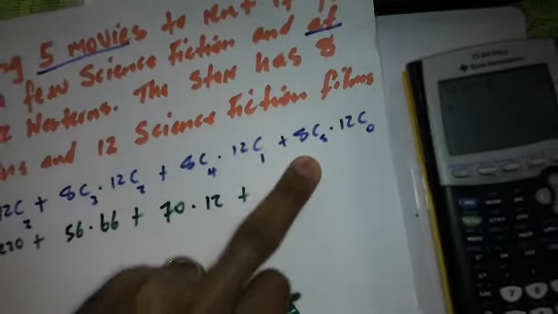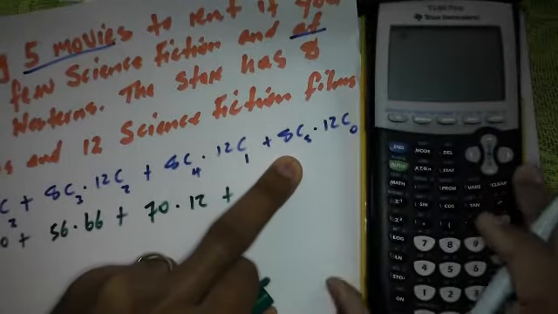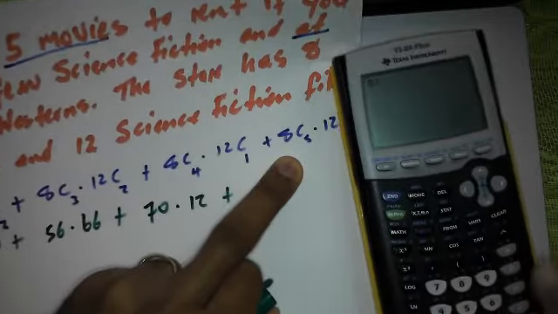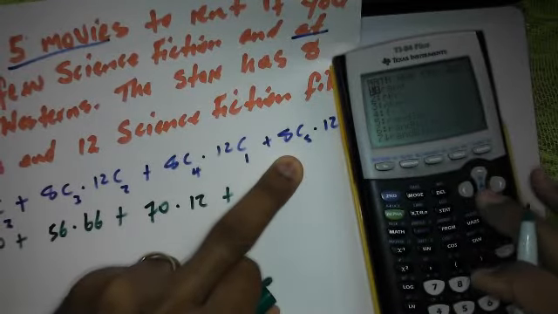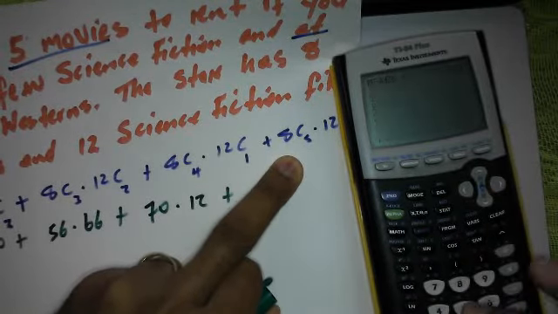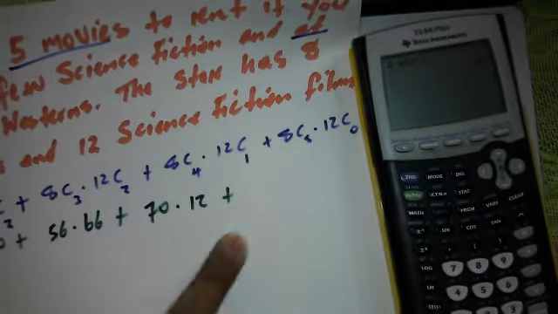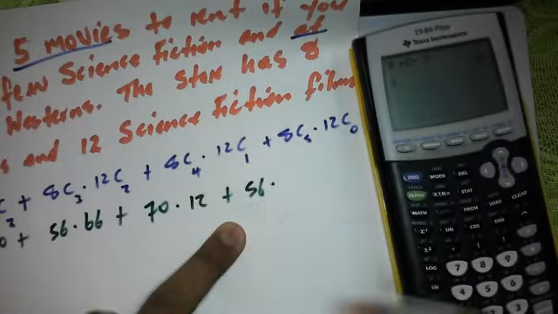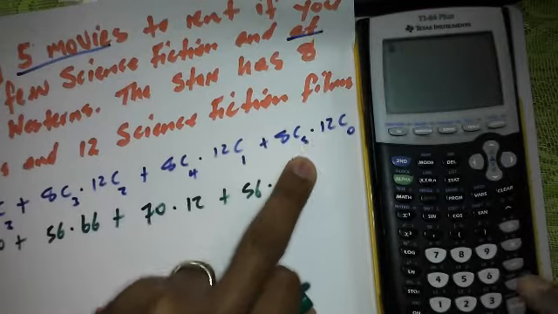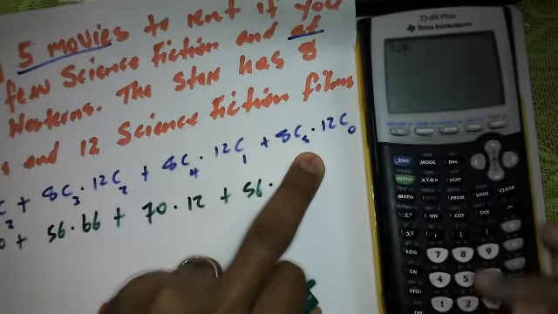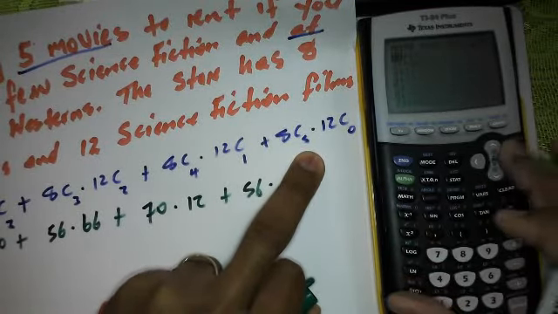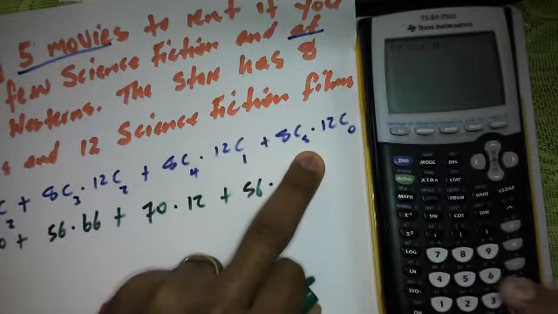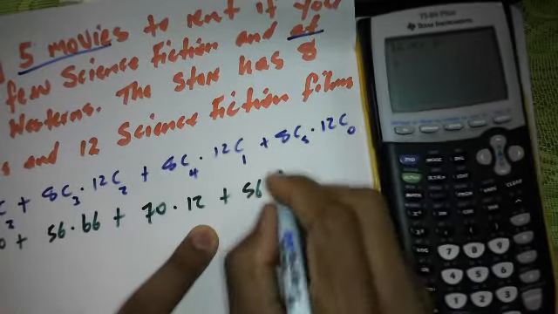And finally 8C5, which is 56 times 12C0, which should be 1. So let's put it, 12C0, and that is 1. Okay? So let's finish this thing up quickly.